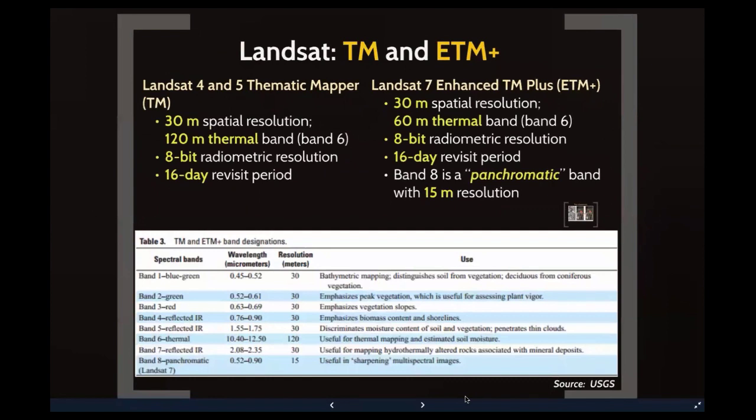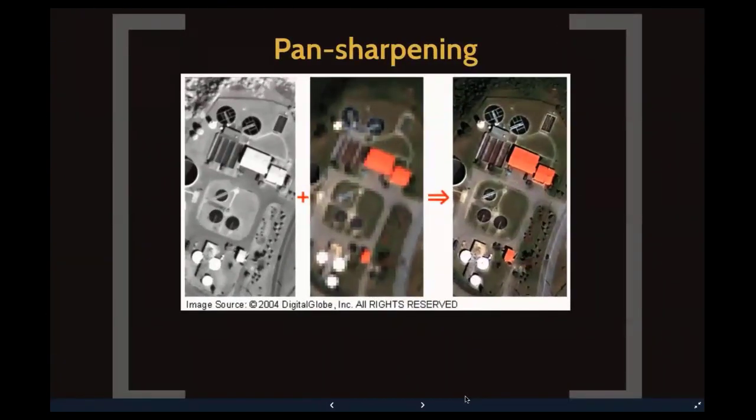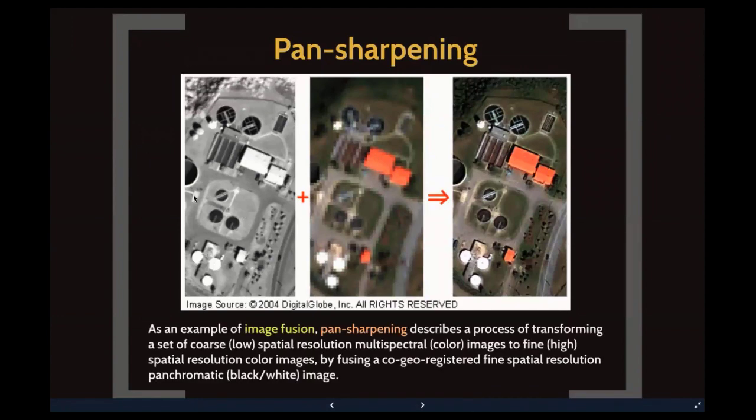Also, I mentioned the use of the panchromatic band because it has a finer resolution. There's a technique called pan sharpening, which allows you to fuse or merge your higher resolution panchromatic band with your coarser resolution multispectral bands to generate a higher resolution multispectral image.